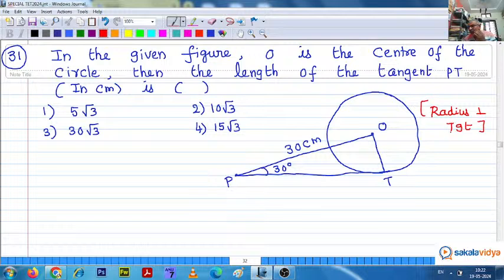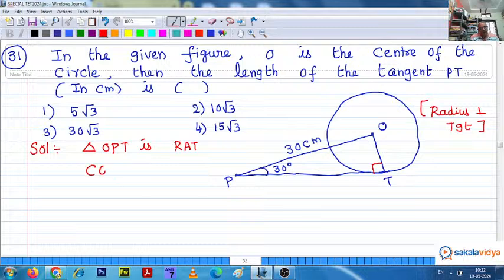The angle between radius and tangent is 90 degrees. So therefore, now the solution: triangle OPT is a right angle triangle. So now we need to find out PT.